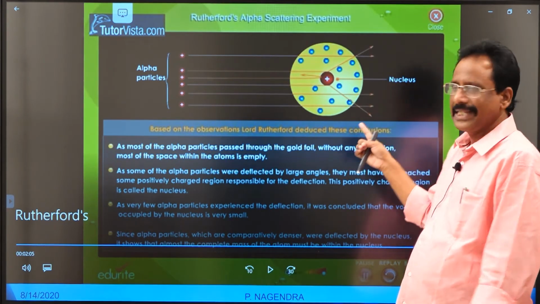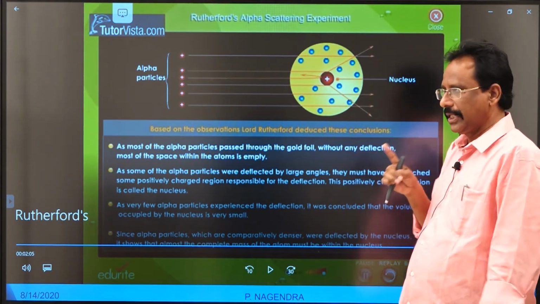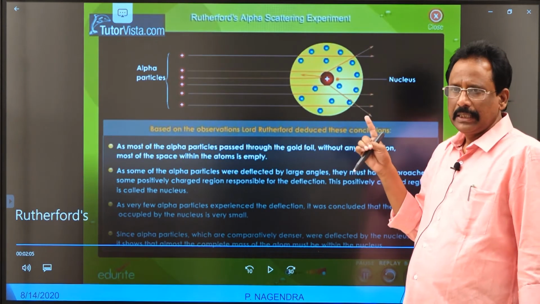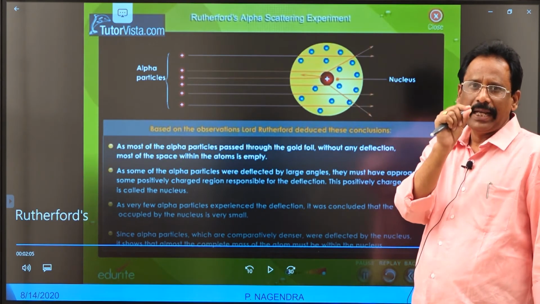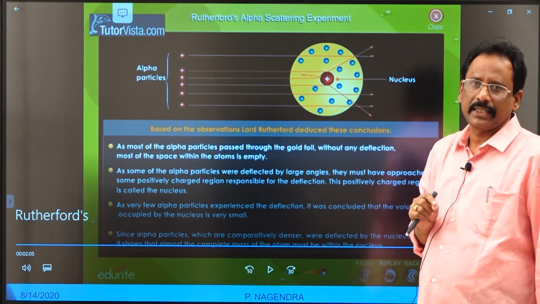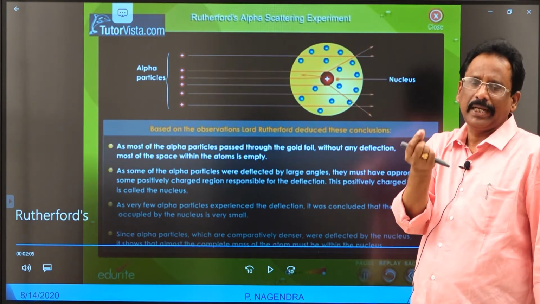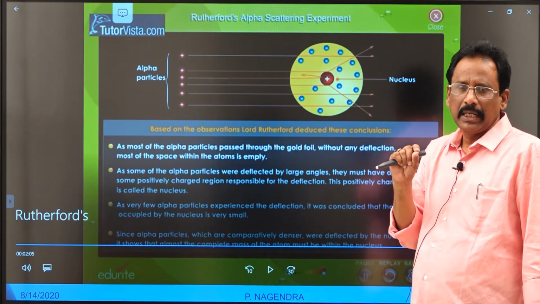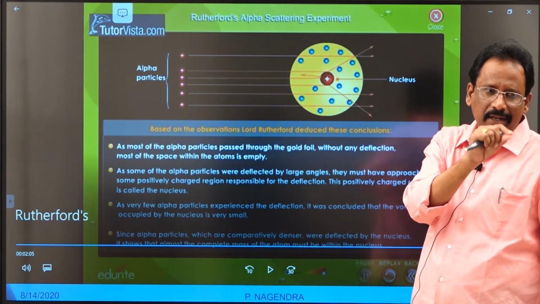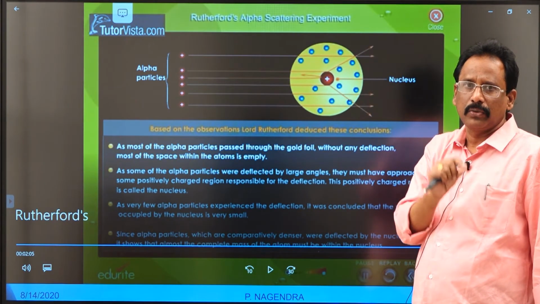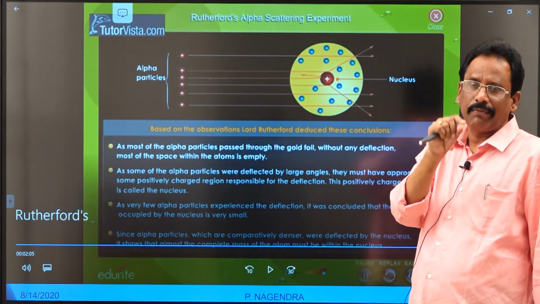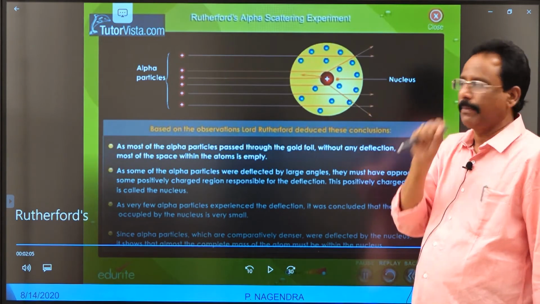So the nucleus has a positive charge, remember that. That means the main result of this experiment is that each and every atom has a nucleus. Not only the gold atom, you take any other atom in this experiment, each and every atom has a nucleus. That is the main observation and conclusion according to Rutherford's alpha particle scattering experiment.